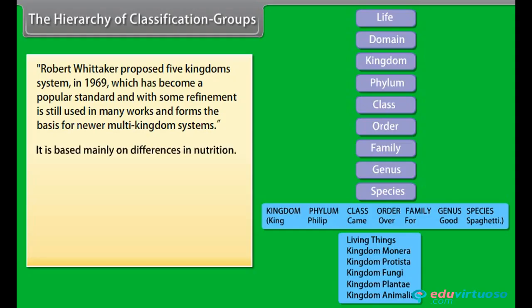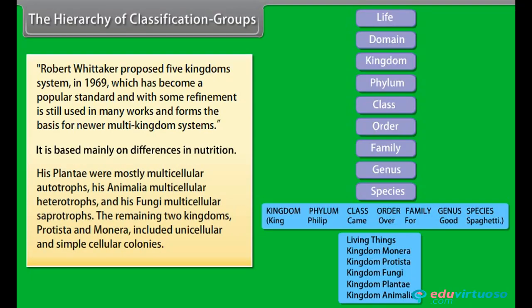It is based mainly on differences in nutrition. His Plantae were mostly multicellular autotrophs, his Animalia multicellular heterotrophs, and his Fungi multicellular saprotrophs. The remaining two kingdoms, Protista and Monera, included unicellular organisms and simple cellular colonies.